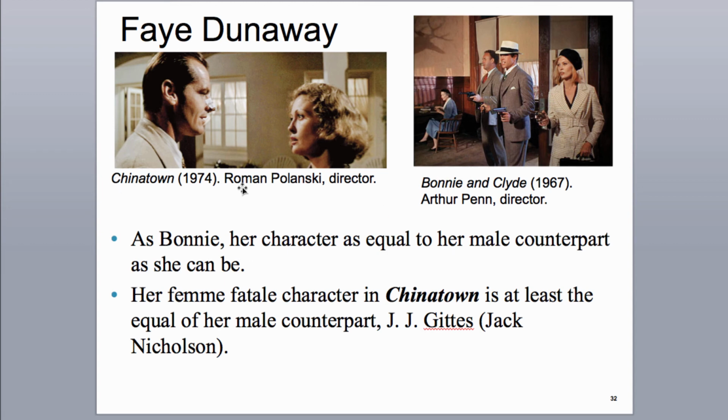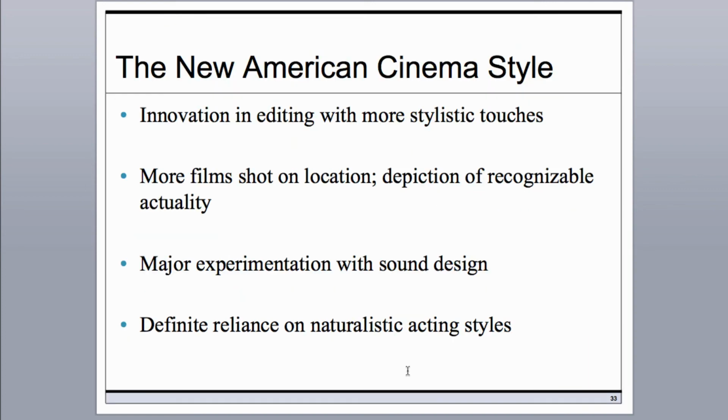Then in 1974, Roman Polanski does Chinatown, and she plays a woman who has been molested by her father. So incest is part of the plot, which was really taboo at that time. All of this shows that the femme fatale character is really coming into her own in film and becomes significant to the changes happening in American cinema as far as violence, sex, and other drug issues.